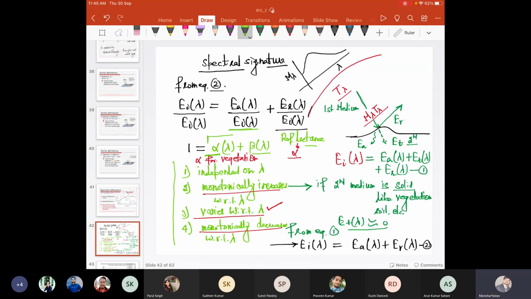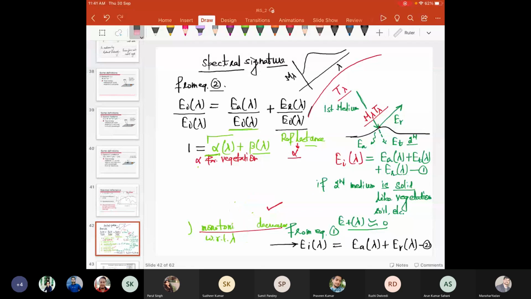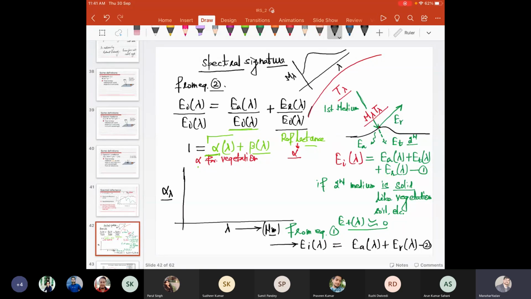When you plot this, on the independent axis we have the wavelength. Generally it is in micrometers. On the dependent axis, we have alpha, and alpha is a function of wavelength.